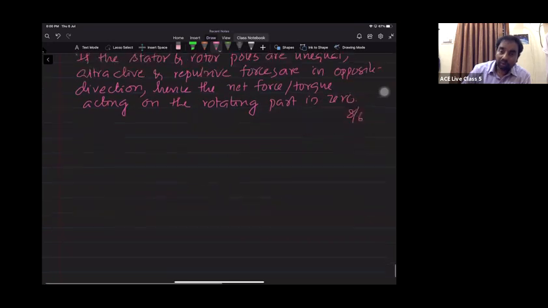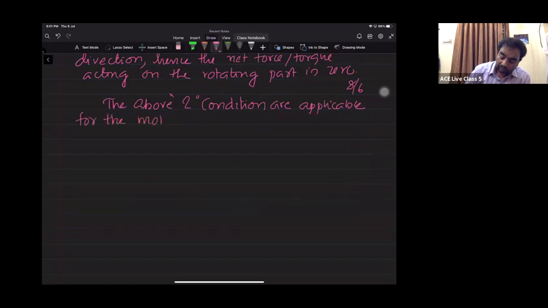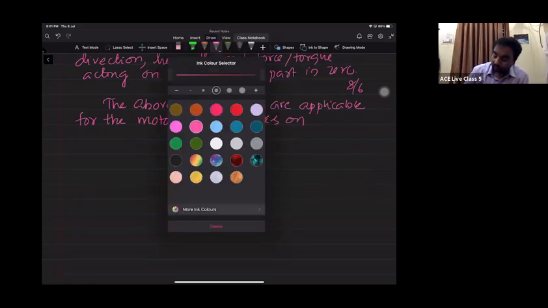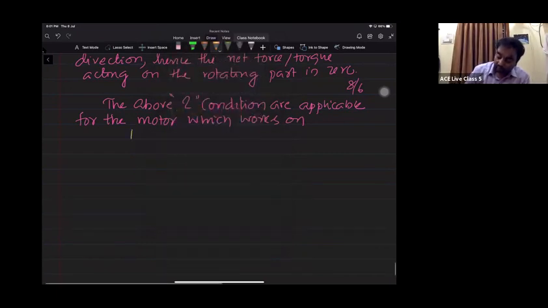So can I write the above two conditions are applicable for the motors which work on electromagnetic torque.